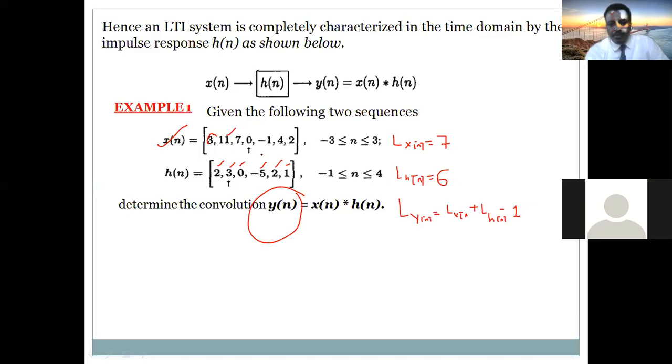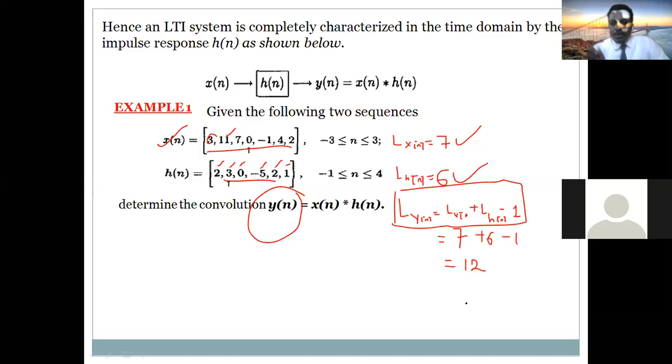So how many samples in the input? 7 samples. How many samples in the impulse response? 6. So what will be the length of our output? The summation 7 plus 6 minus 1. Okay, this is always the formula. So how much? 7 plus 6, 13 minus 1. So output will be 12 samples.